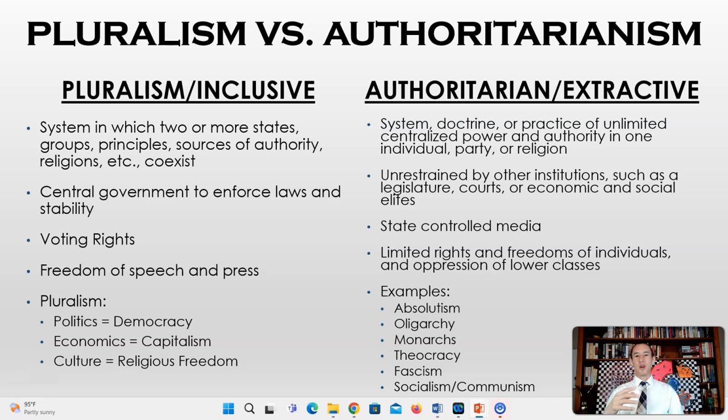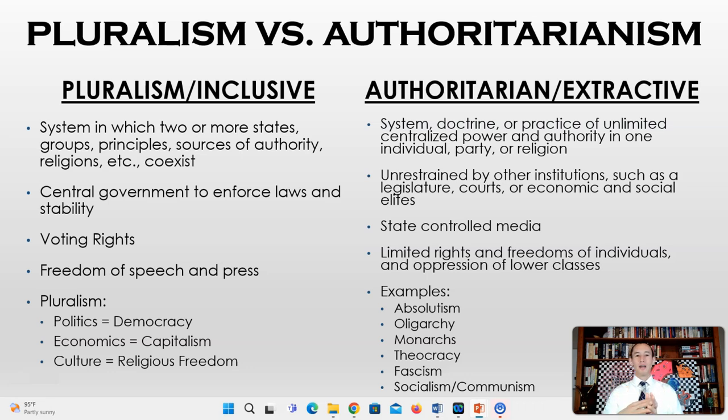Well, now all of a sudden you have some individuals that are becoming incredibly rich that are able to challenge these landed nobility. And so what that means is the creation of a pluralistic economic institution, which is capitalism. And capitalism, for all of its problems, it's still the greatest economic system the world has ever seen.